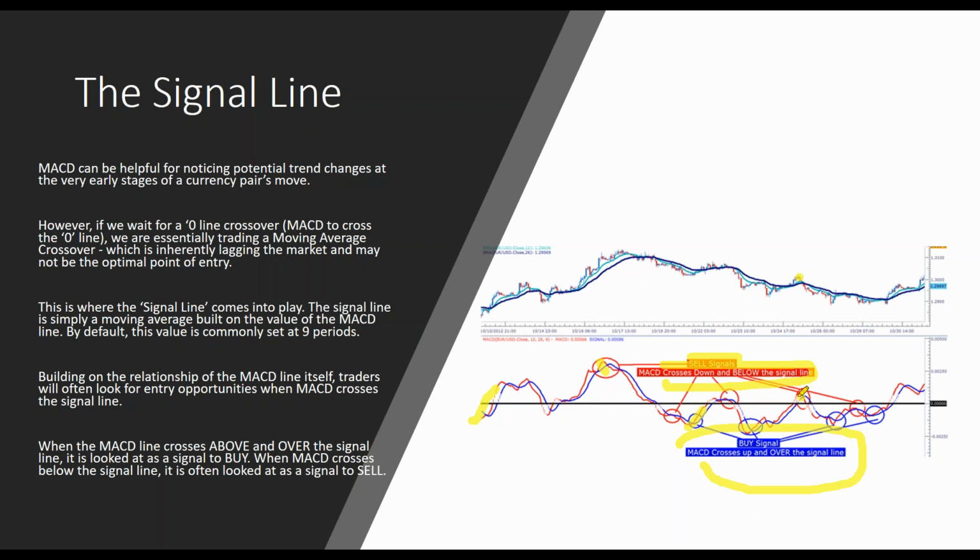It would be touching each other. And if the next histogram bar was below, what happened? It came down here to this area. If the next histogram was above, it came above, and therefore it was a sell signal.